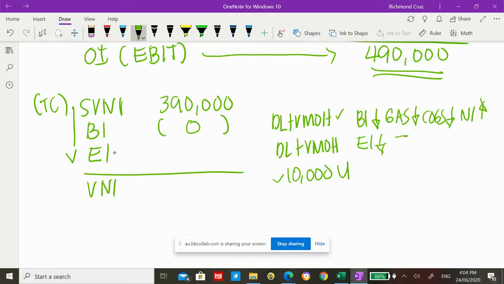If this is understated, there is no effect on the goods available for sale, but the cost of goods sold will be overstated, and therefore your net income will be understated. If that is the case, to convert the super variable costing net income to the regular variable costing net income, we need to add, so this is deduct, this is add, the direct labor and variable manufacturing overhead, or the conversion cost, of these 10,000 units in ending inventory. Now, how much is the direct labor cost?